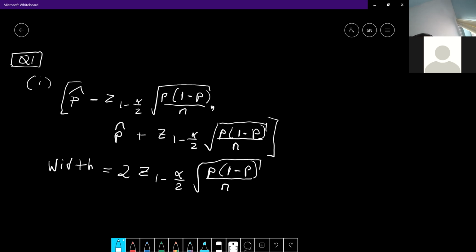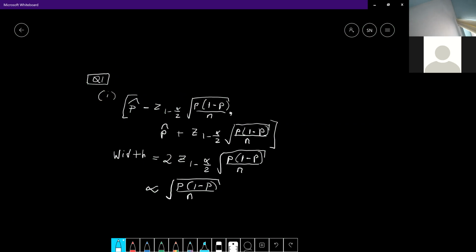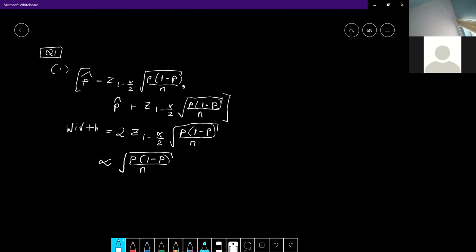So this is the width, and clearly this is proportional to the square root of p times 1 minus p divided by n. Okay, so that completes part one of question one.